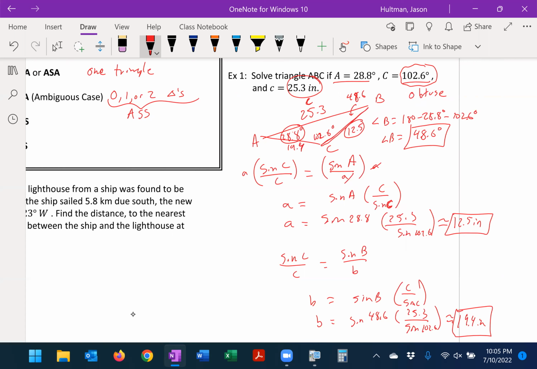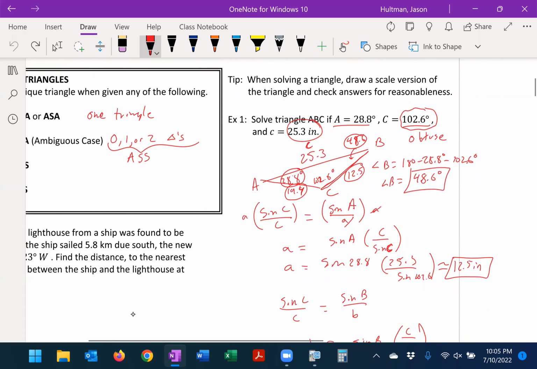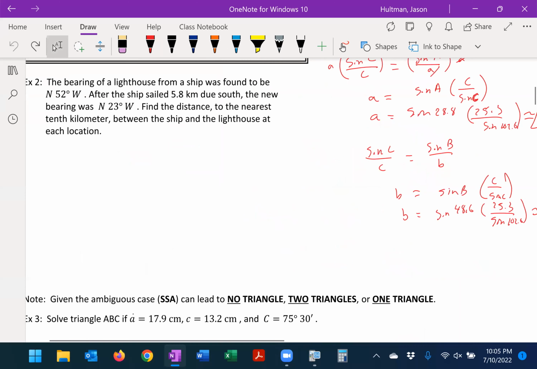Does it make sense that the middle sized side is opposite the middle sized angle? Yeah, that makes sense. And what about the largest angle opposite the largest side? That 25.3 would be the largest side. Yes, that all makes sense. Okay, so we solved that triangle.